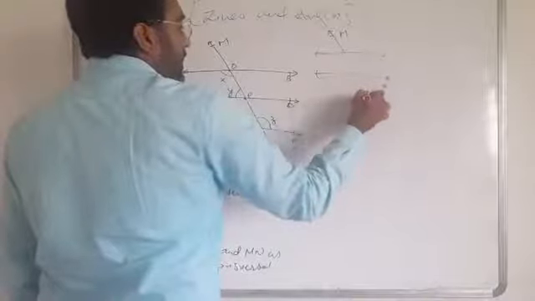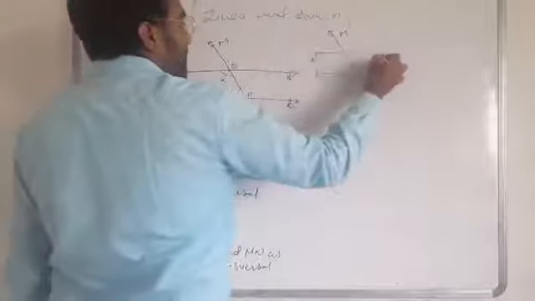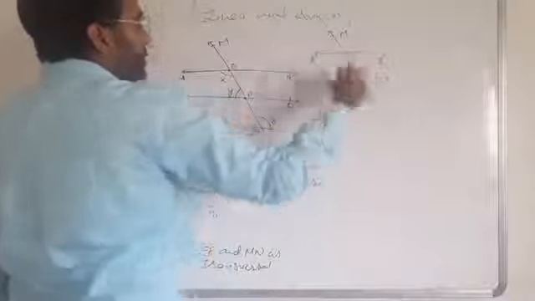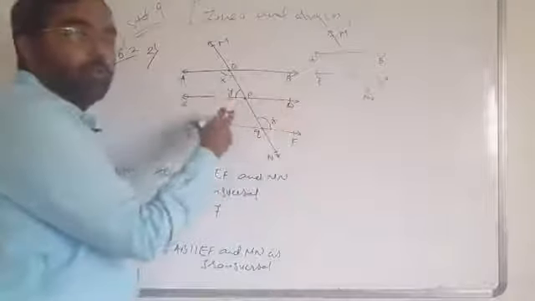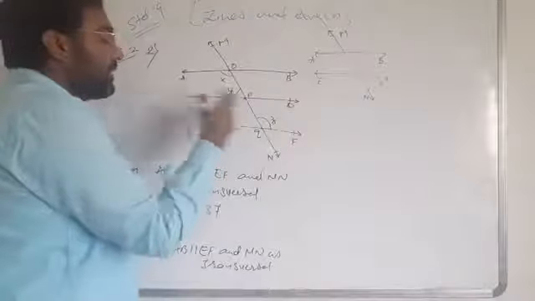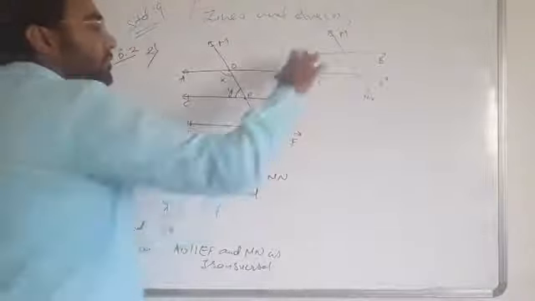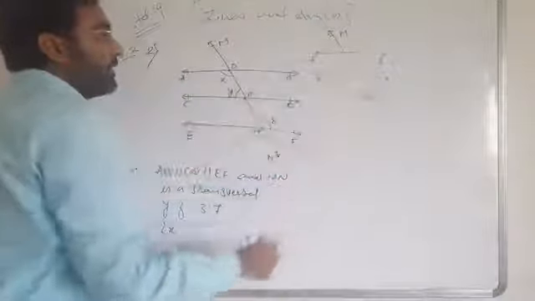Here is my M, here is my N, and AB is parallel to EF with MN as a transversal.